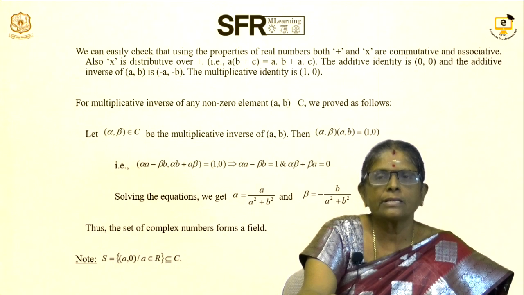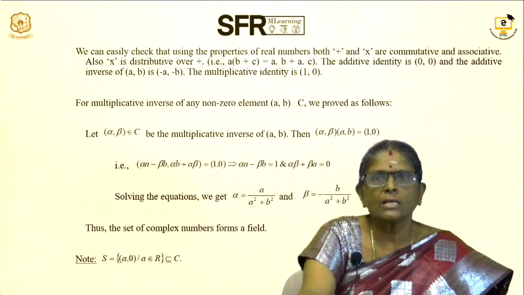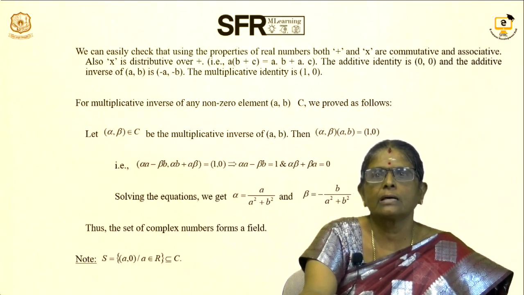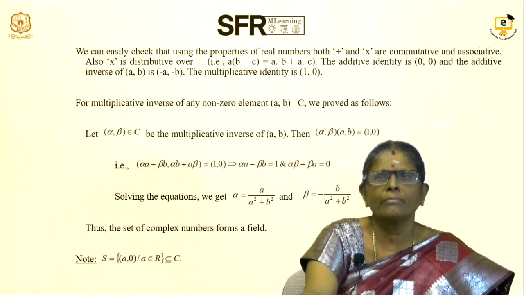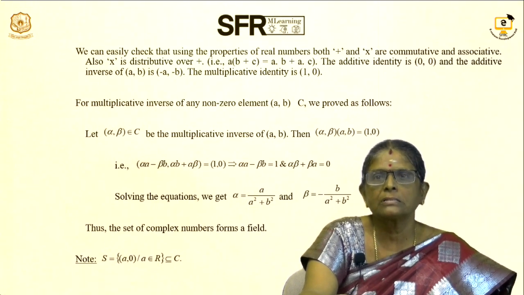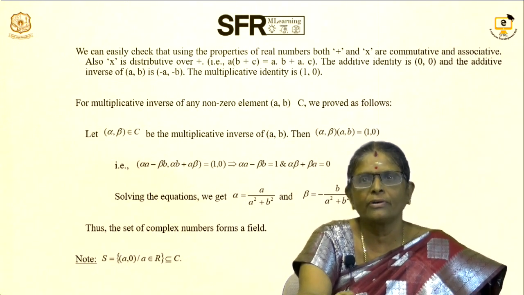What is the identity element? What is the inverse element of an ordered pair of real numbers? (0, 0) is the additive identity. (minus a, minus b) is the additive inverse of (a, b). And the multiplicative identity in this set is (1, 0). The multiplicative inverse of an ordered pair of non-zero element can be calculated by using another element (alpha, beta).